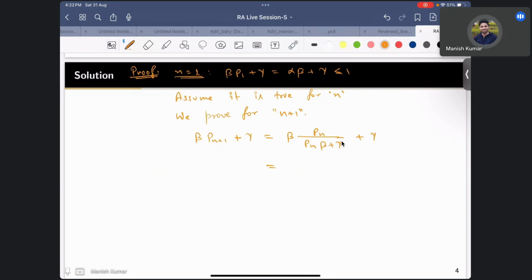So from here what we can get is, let's see, beta Pn plus gamma into beta Pn plus gamma by beta Pn plus gamma, right?